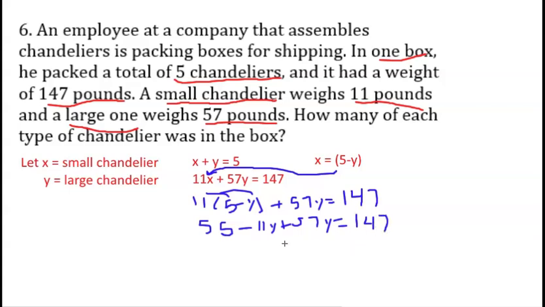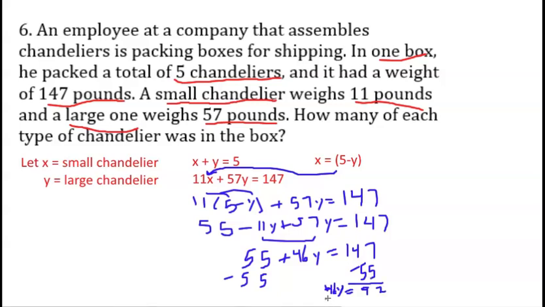From there, we'll combine like terms. Subtract 55 from each expression. And then from there, you would divide each term by 46.